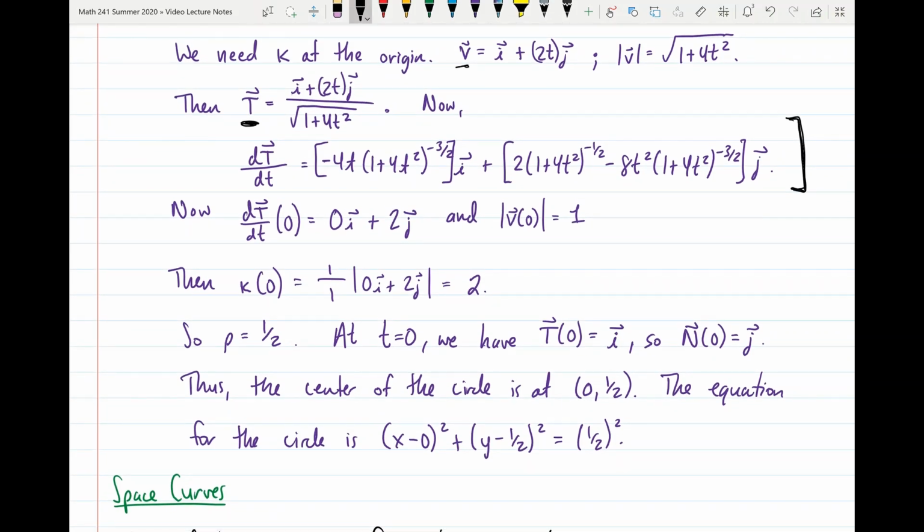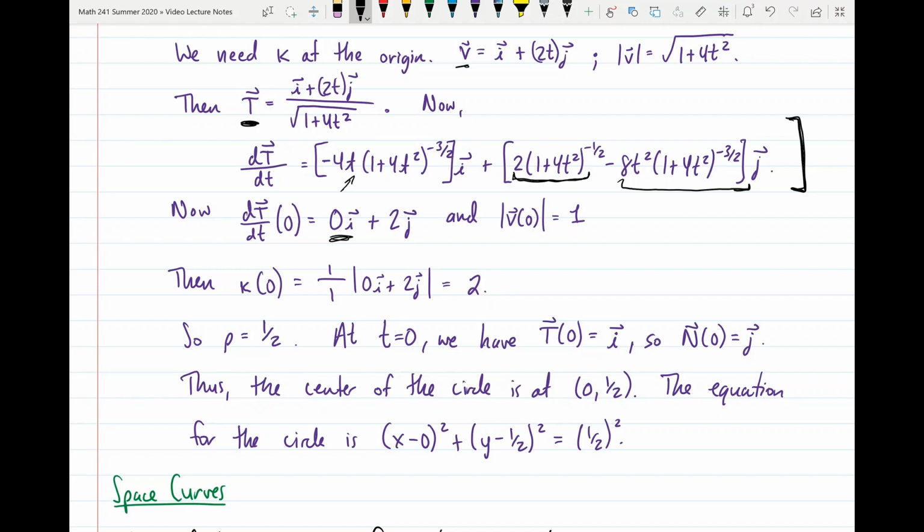With respect to the i component, when we plug in 0, we get a -4 times a 0 times a bunch of other stuff, which doesn't matter because we've already multiplied by 0. So we get 0 in the i component. And for the j component, we get a 2 coming from this term here, and this term here is going to also be 0.